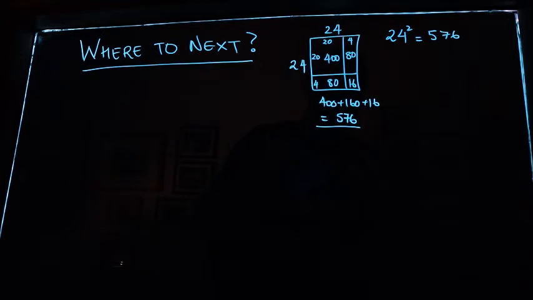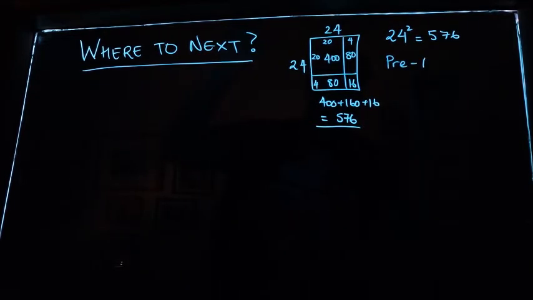If we connect things up here, we're almost in algebra in a way, because I've asked you to think about this as 20 plus 4 and then squared it. So how this works out is, what are we doing?